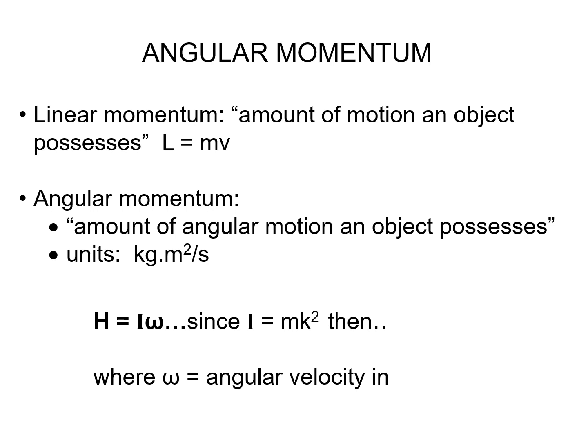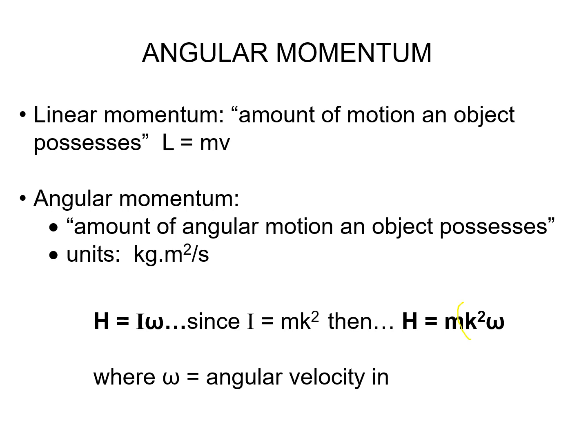Since we're looking at angular momentum, we're looking very closely at our moment of inertia. So if H equals I omega, and since I is equal to mass times the radius of gyration squared, then H, or our angular momentum, is mass times, and remember your order of operations.